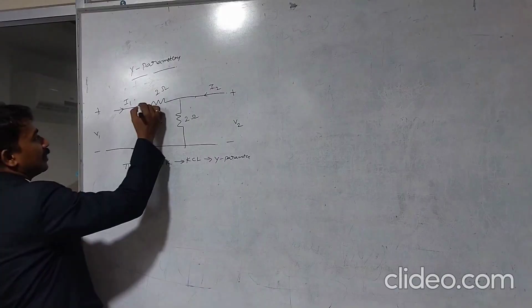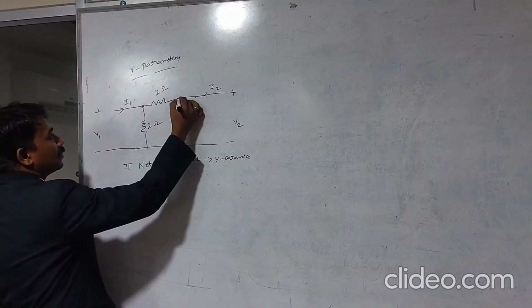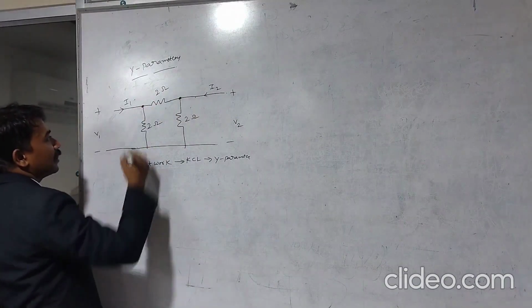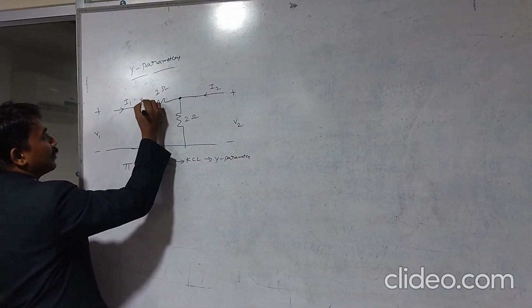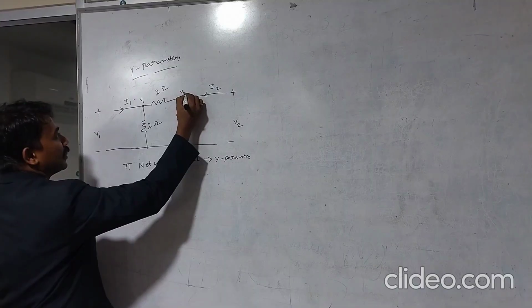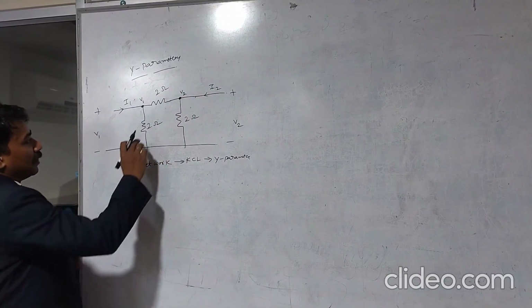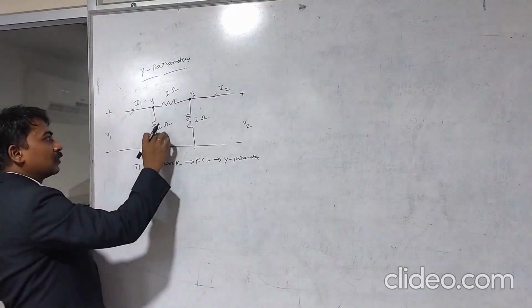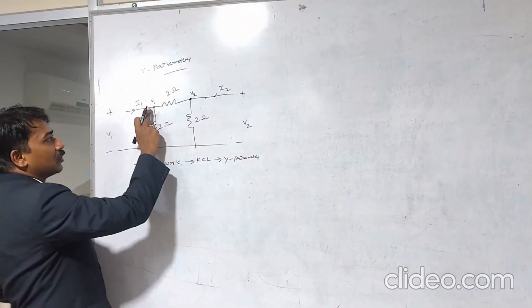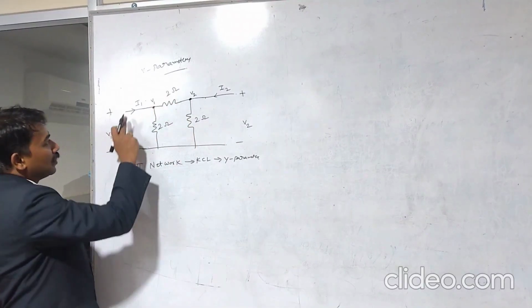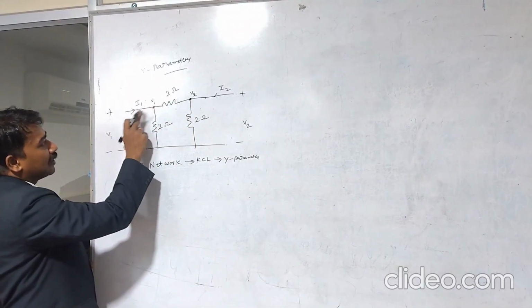According to KCL, the sum of entering currents at a node equals the sum of leaving currents away from the node. The corresponding node voltages are V1 and V2. If we check at node number 1, the corresponding resistor is 2 ohm, and another 2 ohm is connected between node 1 and node 2, where I1 is the entering current at node 1.